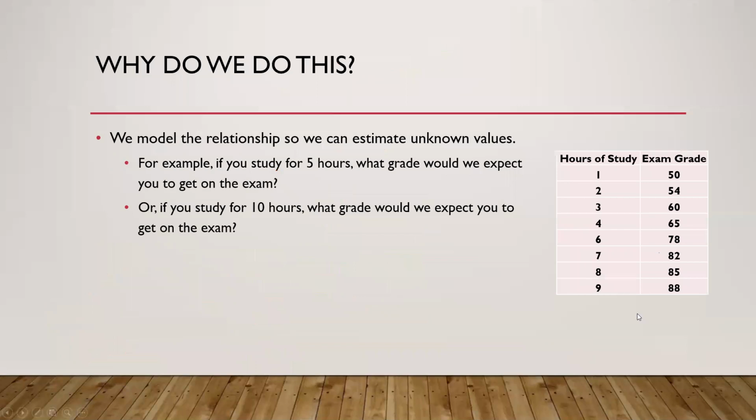All right, and why do we want to do this? We want to model our relationship so that we can estimate unknown values. If you remember, looking back at our chart here, I had hours of study 1, 2, 3, 4. Do you notice how I'm missing 5 here? Suppose I want to know, hey, I only have 5 hours to study. What would my exam score be? Well, it would be somewhere between a 65 and a 78 probably, but what exactly would it be? Or what if I got a ton of time this week and want to study for 10 hours?